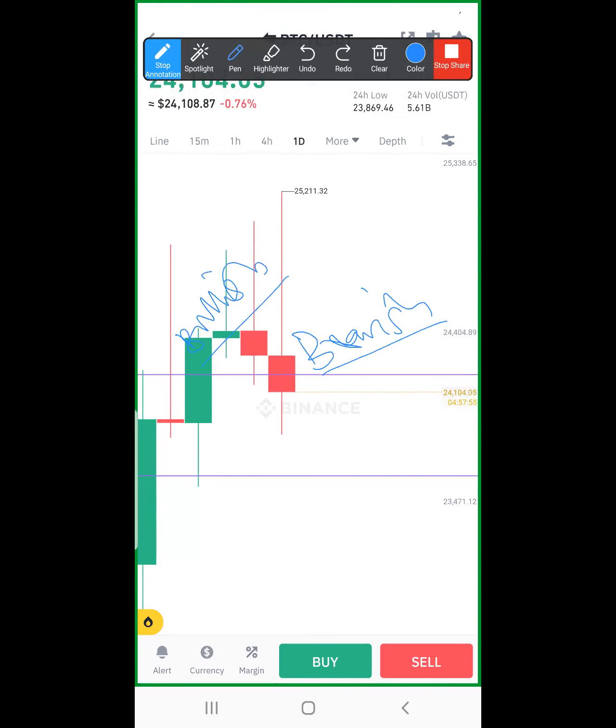So if we see the price has gone up, it means the bulls have pushed it up, so it was a bullish day. If we see the price has gone down, we see it was a bearish day because the people who were pushing it down, I mean the sellers, overcame the buyers. We call it a bearish day.